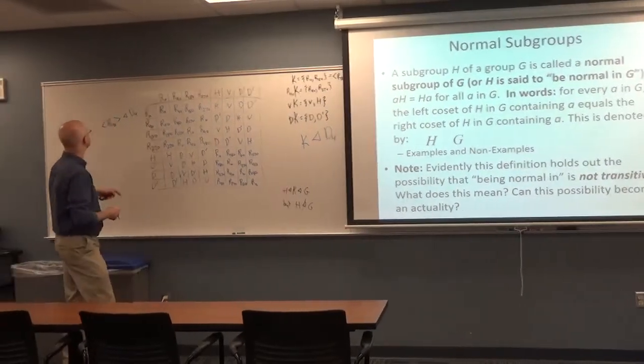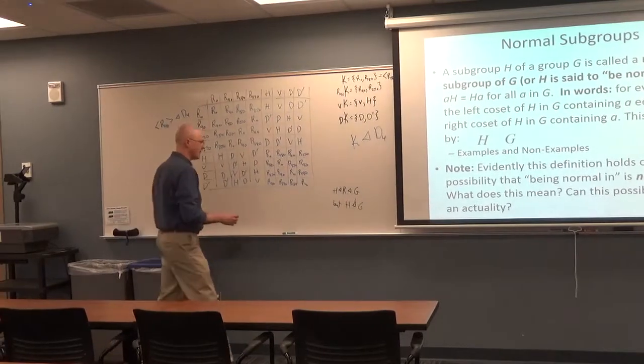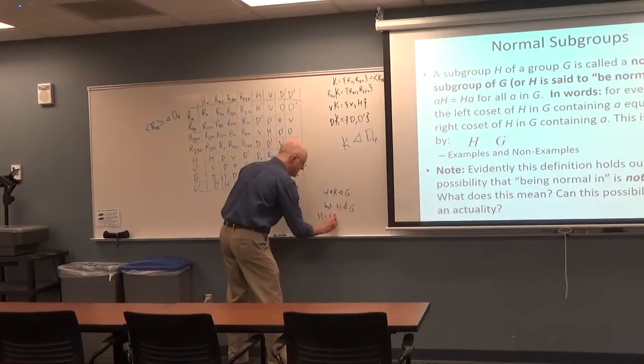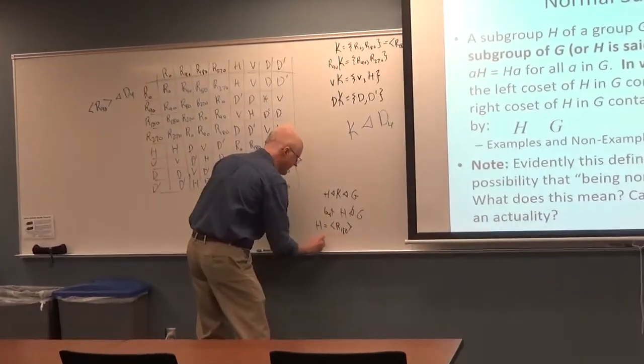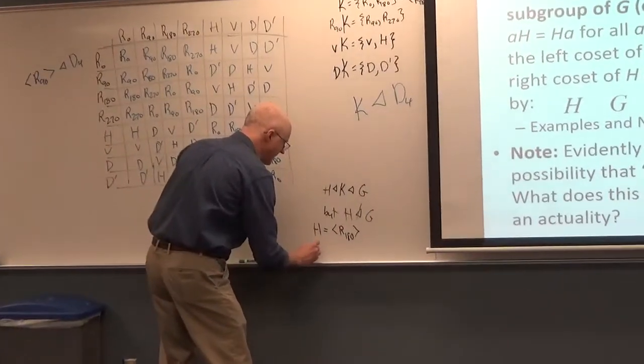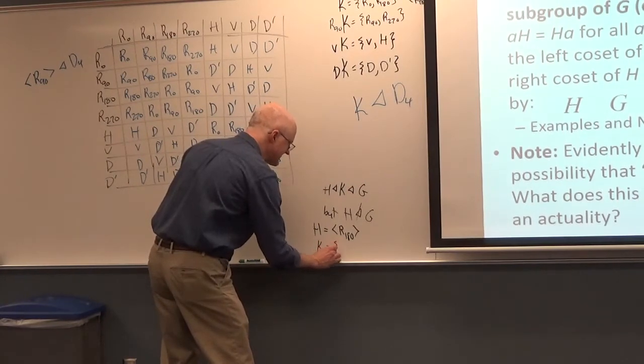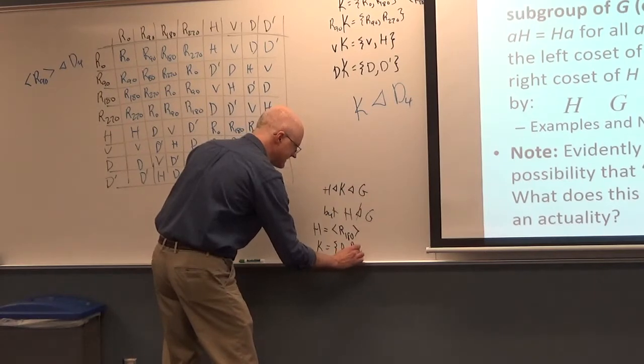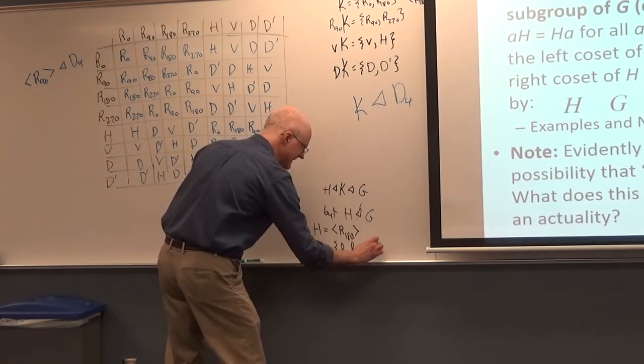And I think if I recall correctly, this might be wrong, if H is the cyclic subgroup generated by R180, and K is not a cyclic subgroup, but contains R0 and R180, it's this particular subgroup, it's not cyclic.